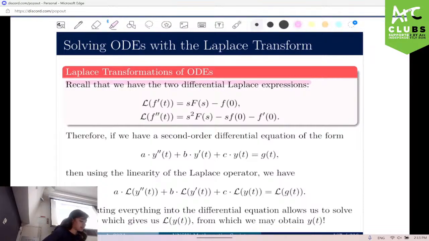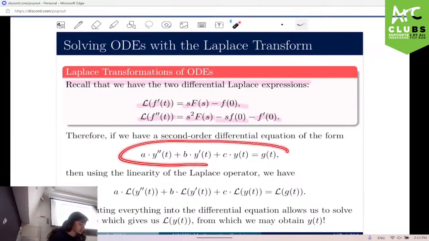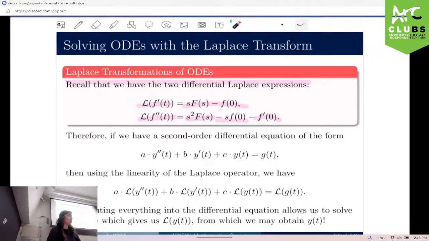We know the Laplace of the first differential is sF(s) minus f(0), and the second differential is s squared F(s) minus s times f(0) minus f'(0). So therefore we have a form of that. If we have a differential equation that is A times the second differential plus B times the first differential plus a constant, we can use linearity to do this.